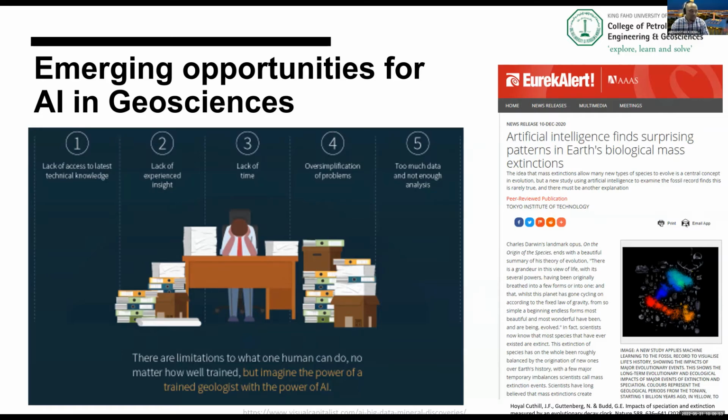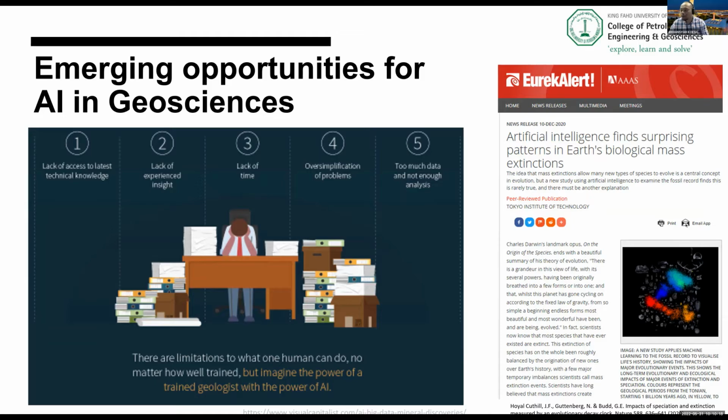Then we also have a lack of experience. When you start analyzing geological data sets or geological problems, you really need in-depth experience or knowledge about that particular area. For example, I know some of you here are economic geologists.